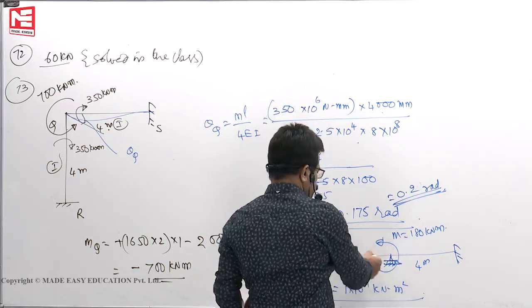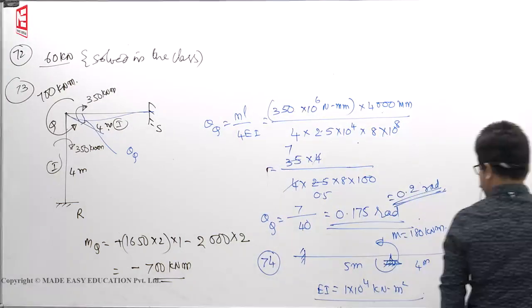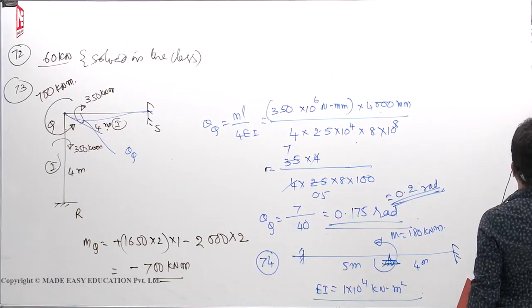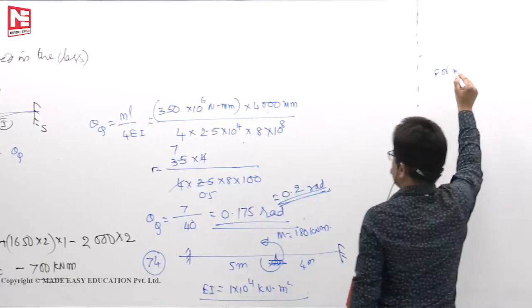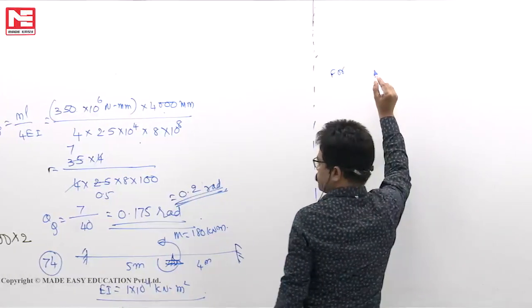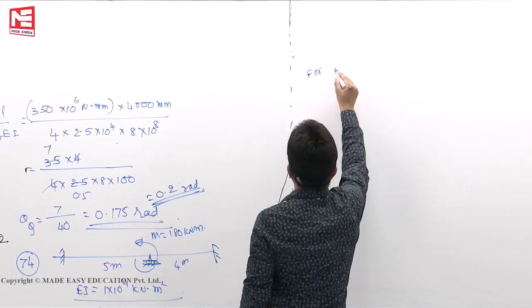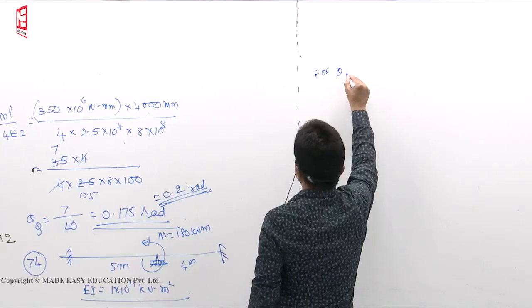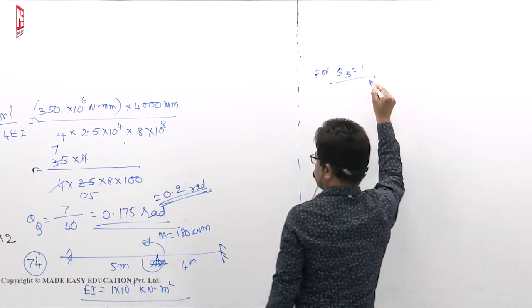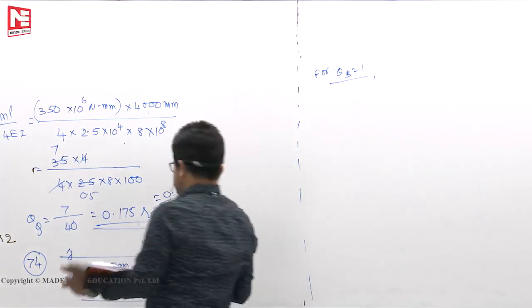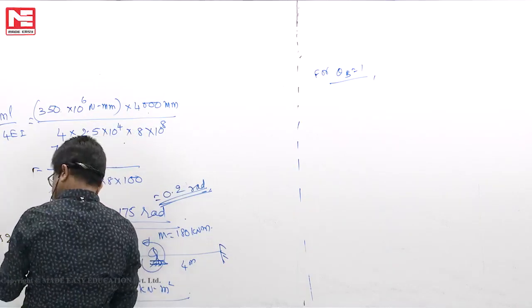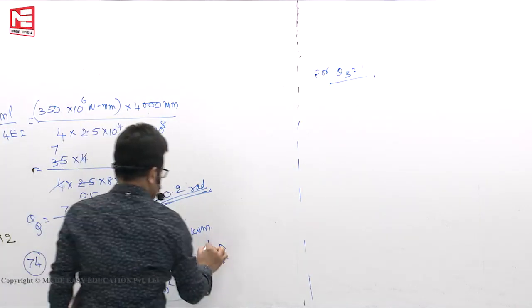Now for M to be 1, we know the formula, both ends are fixed. This is PQR, what I solved.